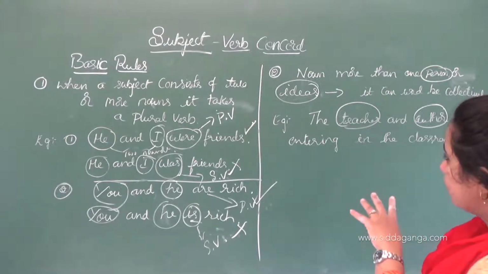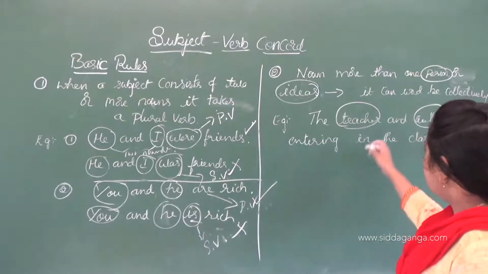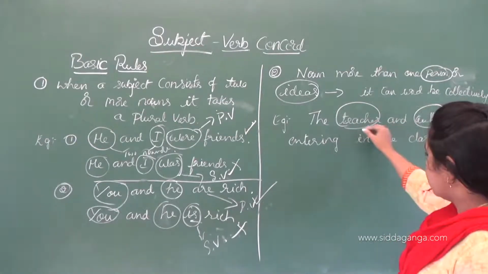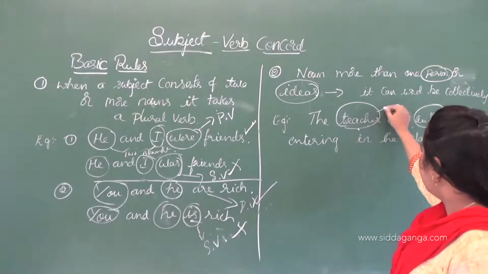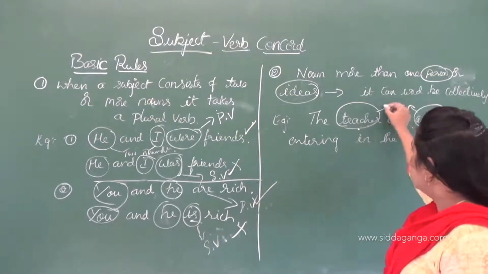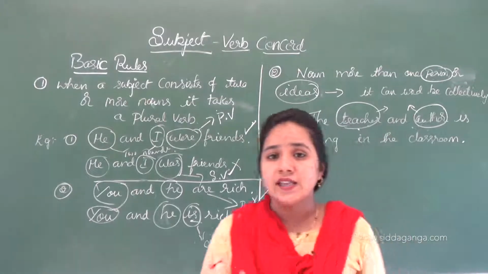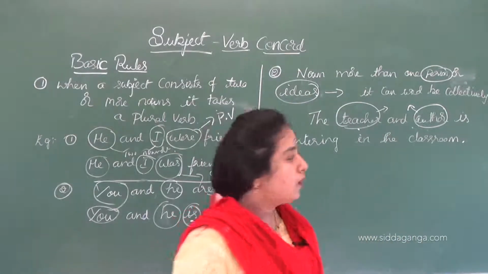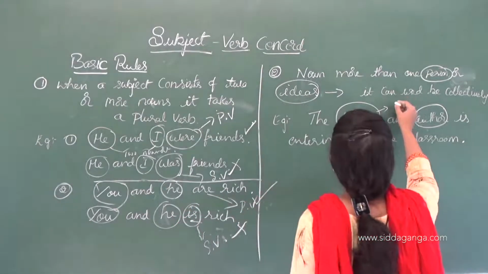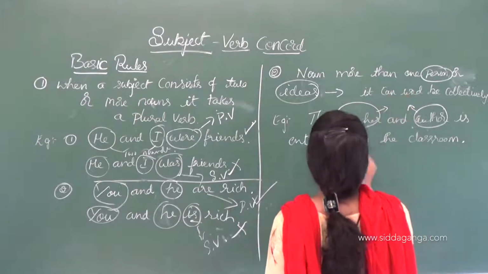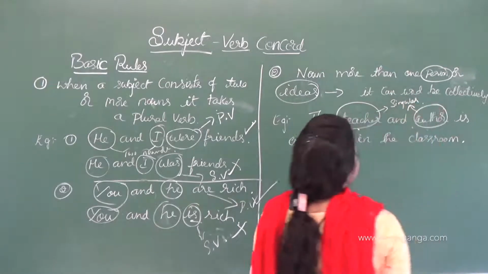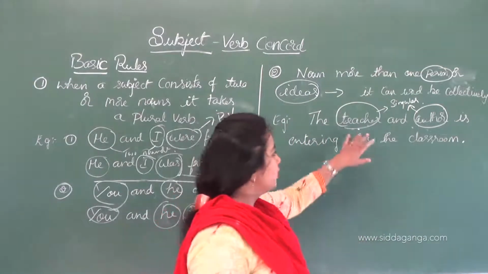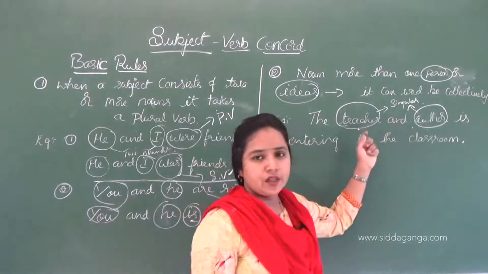There are two nouns, teacher and author. They are both noun words, but it says about only one person, that is singular.